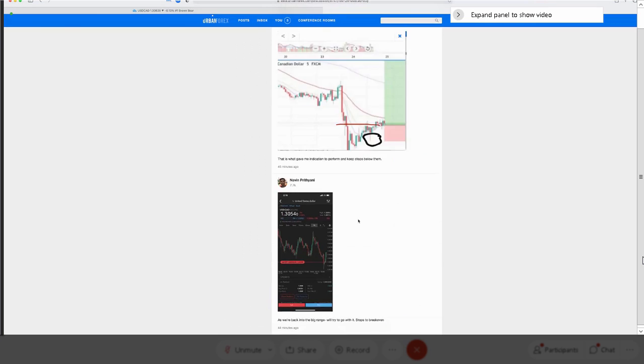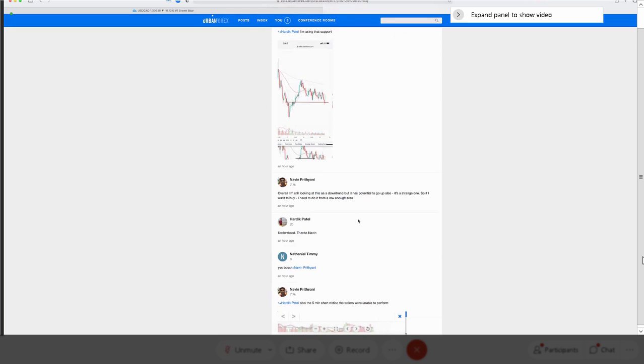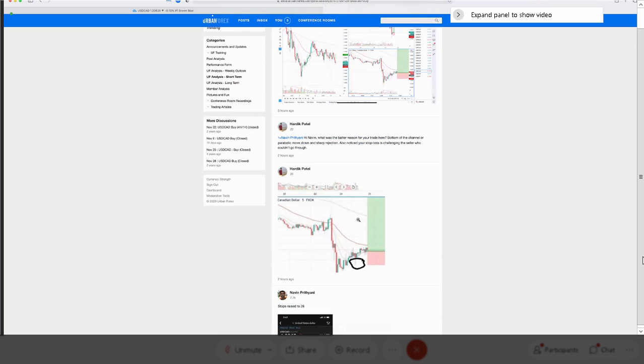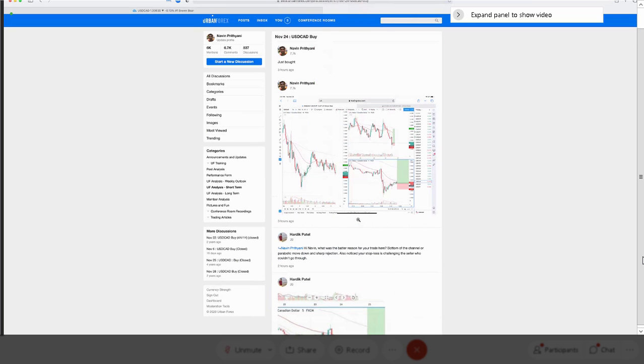Now, how many guys in this room can say you understand trading fully and you are rich beyond everyone's imagination? Obviously I'm not going to get a yes in this room.